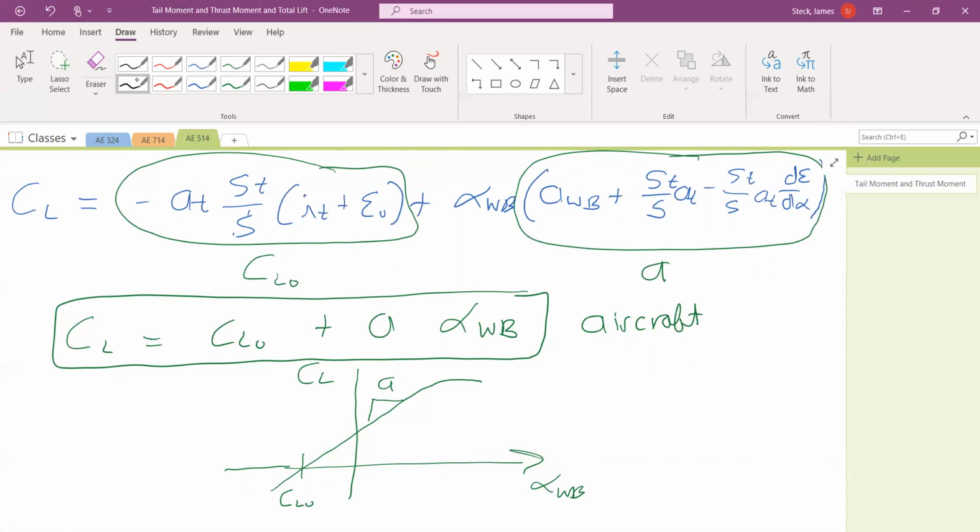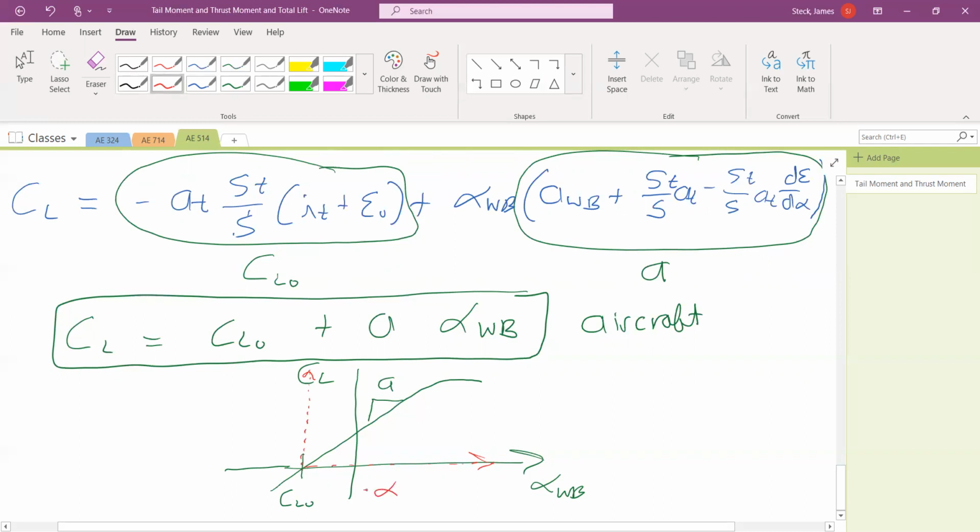As before, when we've done this with the wing by itself, we defined a zero lift line, which really means that we simply redefine a new axis system on this diagram. Instead of measuring the alpha wing body, we're going to define a new thing called alpha of the aircraft.